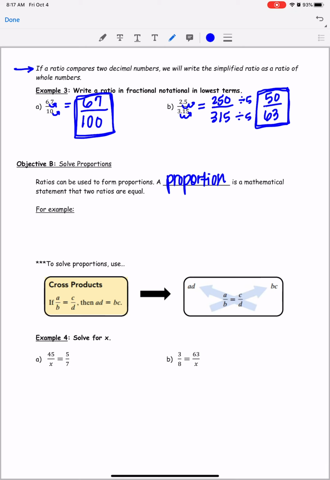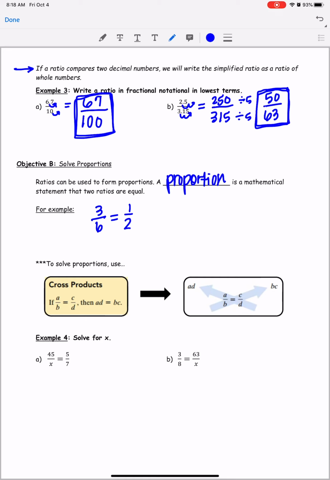So for example, we've actually been dealing with proportions before. If I have something like, well, let's just take that one we had on the front. When I had 3/6, we reduced this to 1/2. This right here is a proportion.